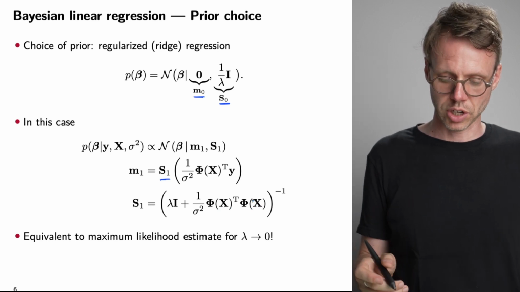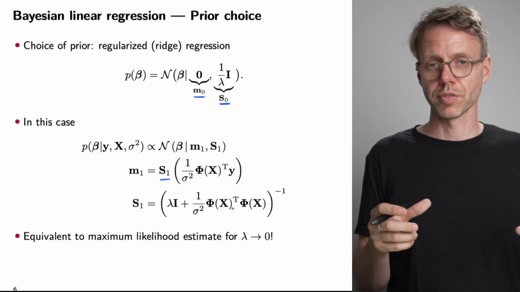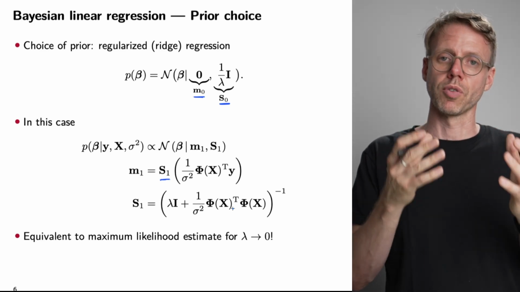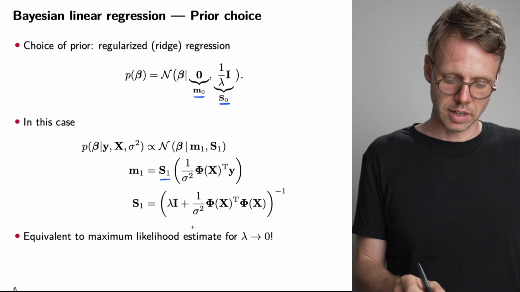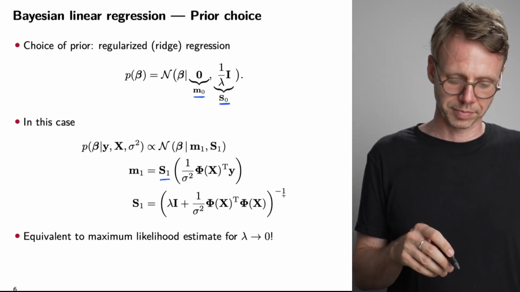That's essentially summing up the inner products of phi of x n with itself over all our training data points. This sum is then being inverted.